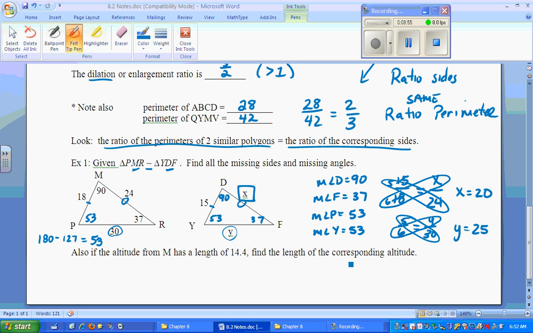We know that the corresponding sides were 5 to 6, right? As the altitude in this one we don't know, that's X, and the other altitude is the 14.4.